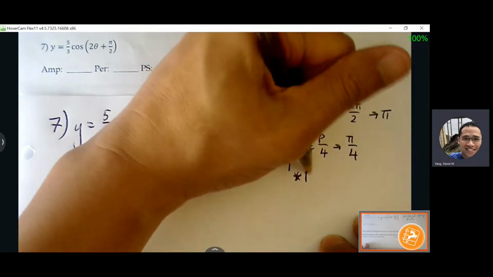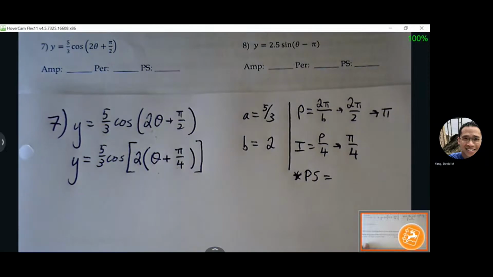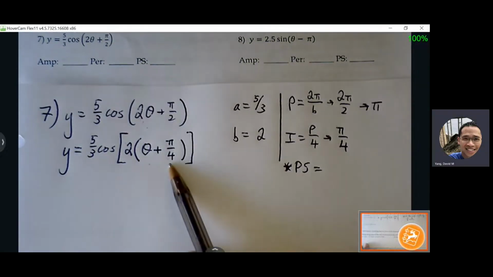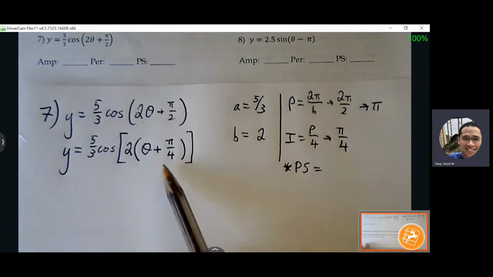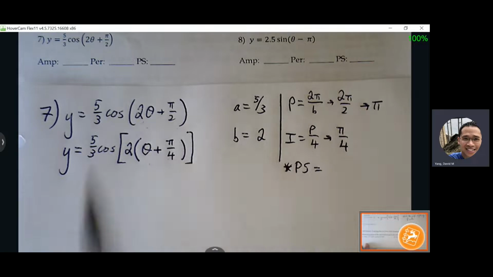Put a star next to phase shift because we'll do this later. What's the phase shift? Remember, we're looking at this now, right? We don't want to look at this anymore. What's the phase shift? Yeah, pi over 4 to the left, okay?